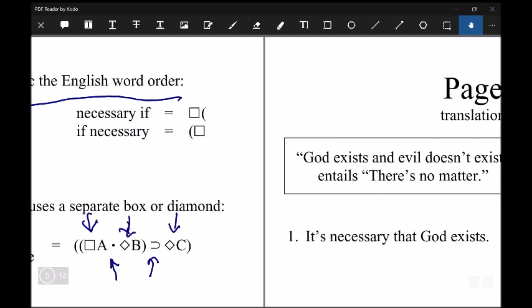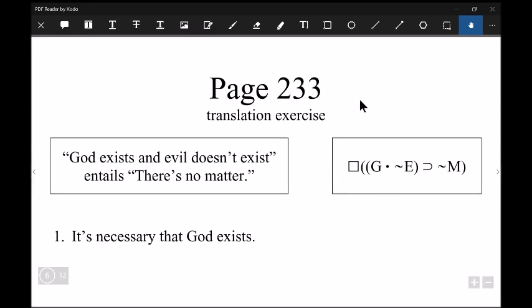Okay, now, our first exercise. Go to page 233, and this is our first translation exercise. Again, as usual, the book gives you a sample problem that it works out just to give you an idea.